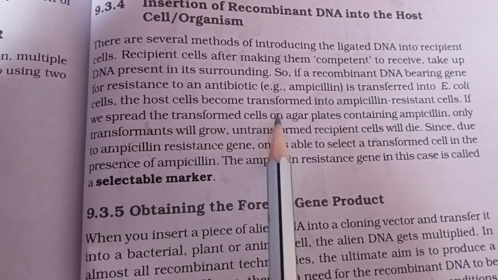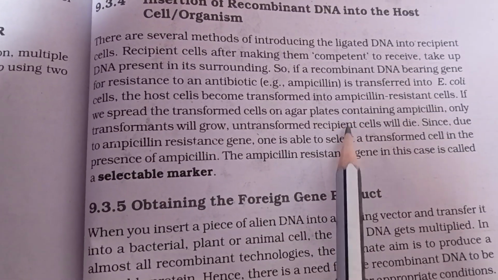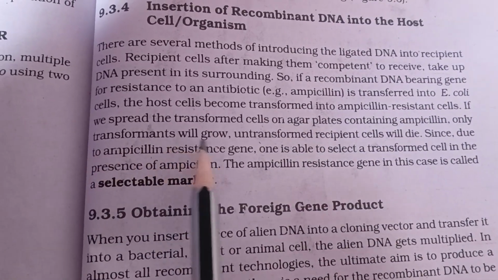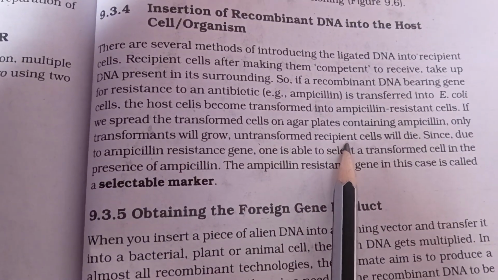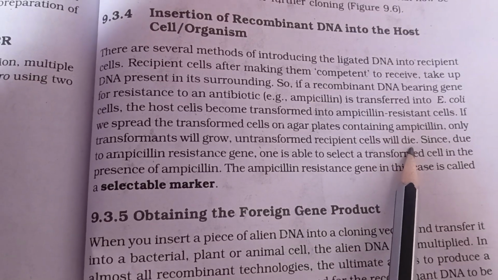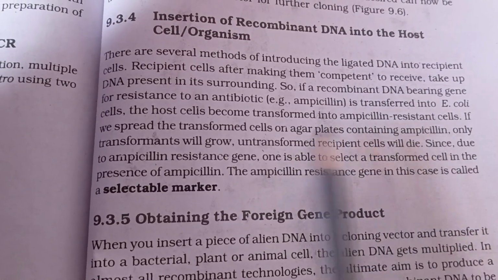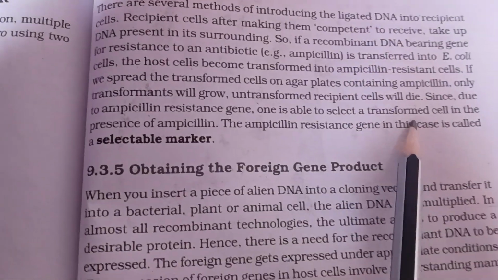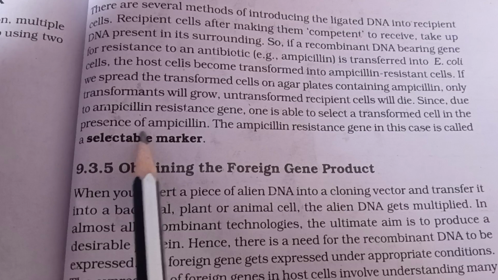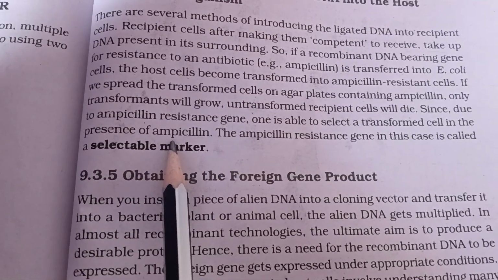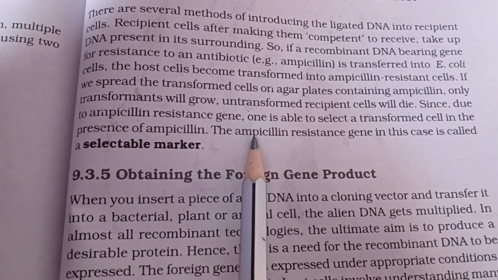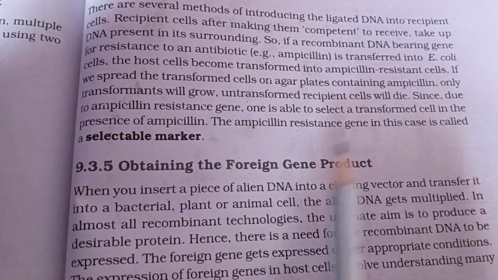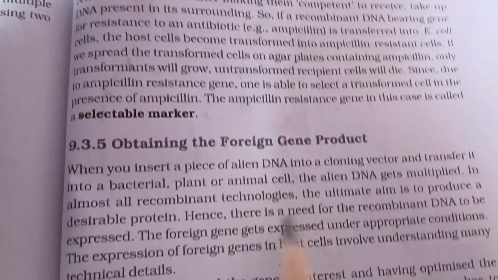If we spread the transformed cells on agar plate containing ampicillin, only transformants will grow. Untransformed recipient cells will die. Since due to ampicillin resistance gene, one is able to select a transformed cell in the presence of ampicillin. The ampicillin resistance gene in this case is called a selectable marker.